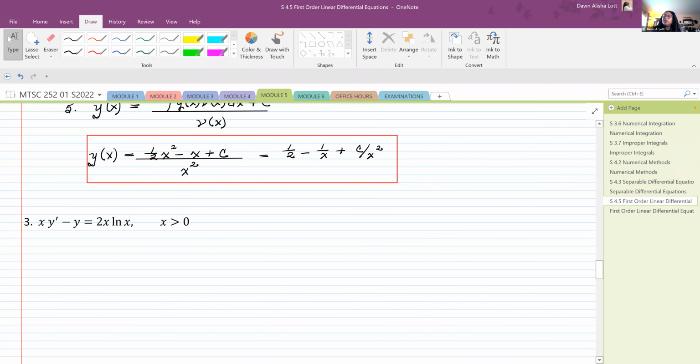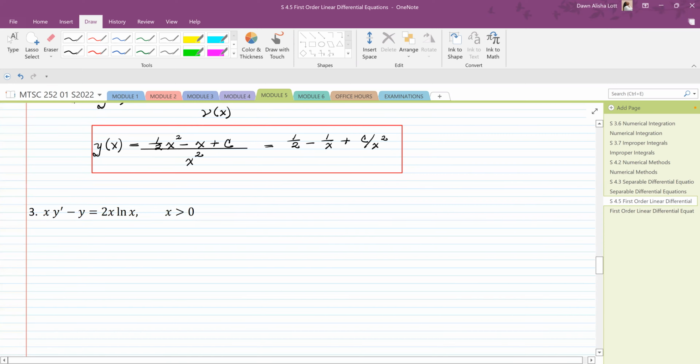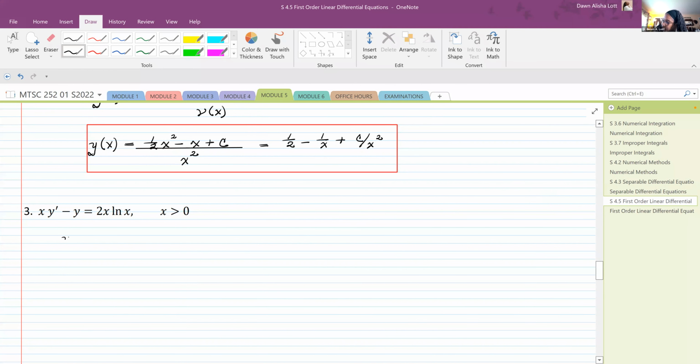Okay, so do you mean divide by x? Yes, ma'am. Okay, so when we divide by x, we get y prime minus 1 over x y is equal to 2. The x's are going to divide out and we get the natural log of x, and we know we can do that because x is positive. Okay, so now it is in standard form.